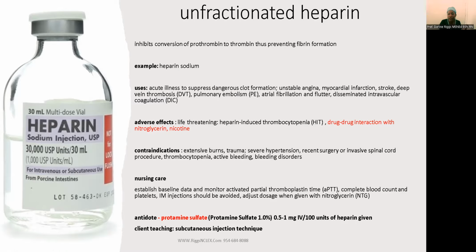Adverse effects: obviously hemorrhaging, bleeding, but also if the client is a smoker, we need to take that into consideration. Nitroglycerin is a drug-to-drug interaction that we talked about earlier. It could also cause heparin-induced thrombocytopenia with the platelets.